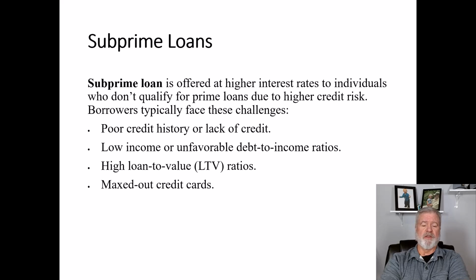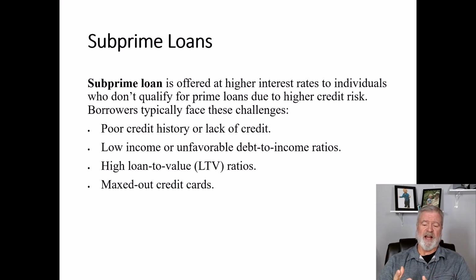But I will tell you, the fees, the interest rates, everything about this loan is incredibly expensive. Which makes no sense to me. Basically the lender's saying, well, you can't afford a loan, but we'll loan you the money anyway, but we're going to have to give you a much higher interest rate. The terms are going to be very expensive for you, which again makes no sense to me.